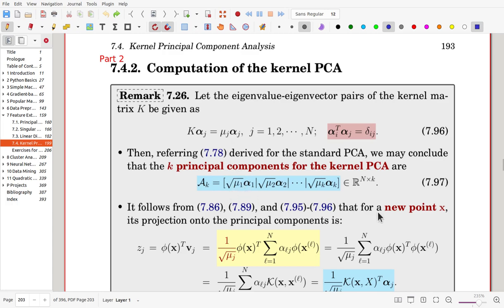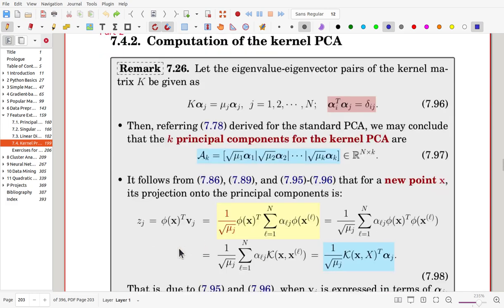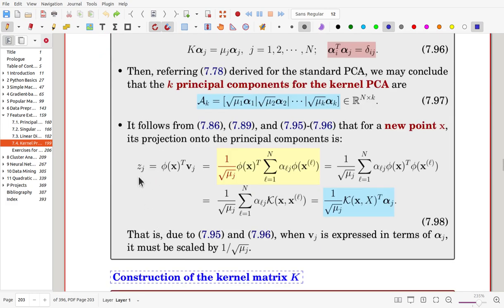Now, once a point is given, it can be projected onto the principal components in this way. Zj is phi of x transpose Vj. That is phi transpose of x, and Vj can be written in this way.